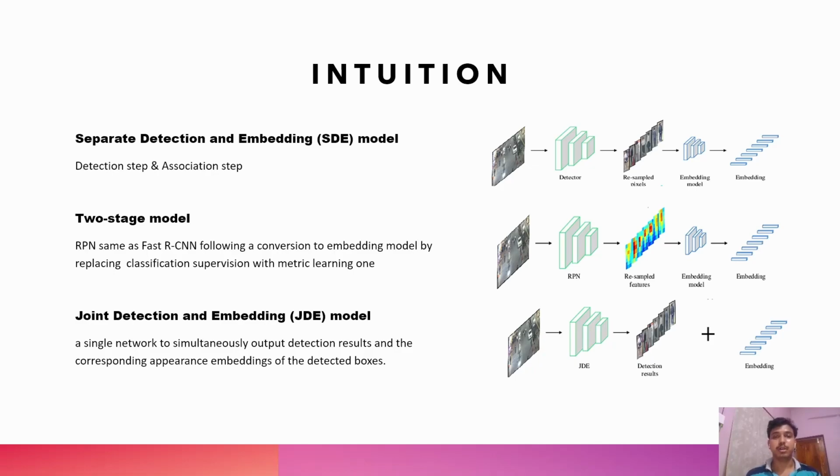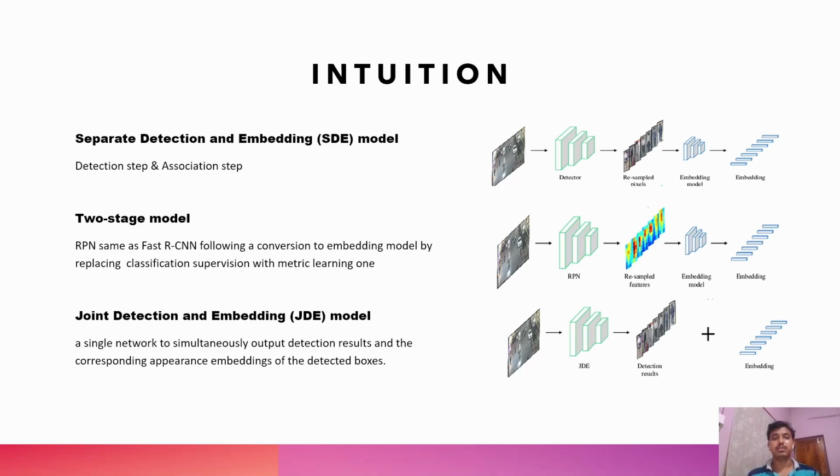The two-stage model is a better variant of the SDE model. It is based on the region proposal network, as in Faster R-CNN, following a conversion to an embedding model by replacing classification supervision with metric learning supervision.